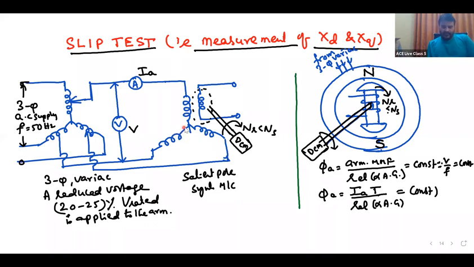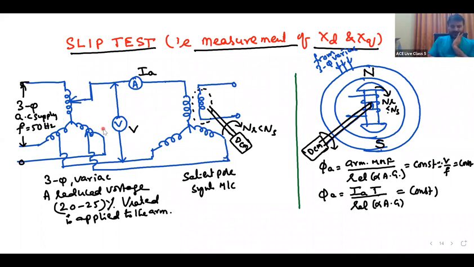So for example, rated line voltage say 400 volts. 20% of 400 means 80 volts, 25% is 100 volts. So we are going to apply 80 or say 100 volts.